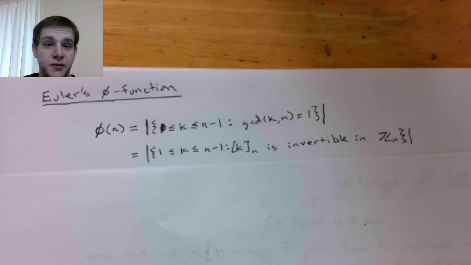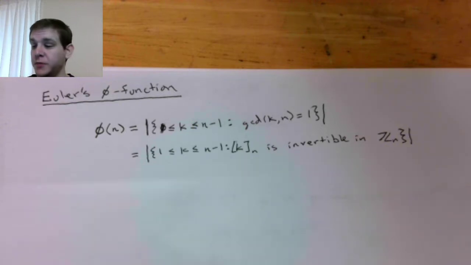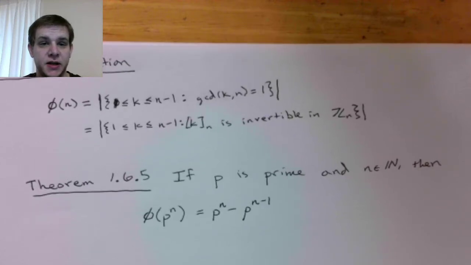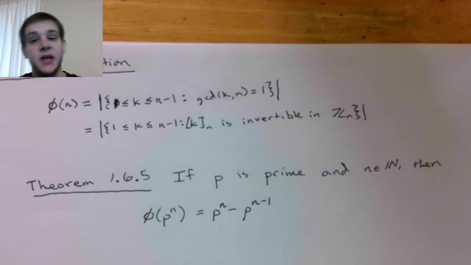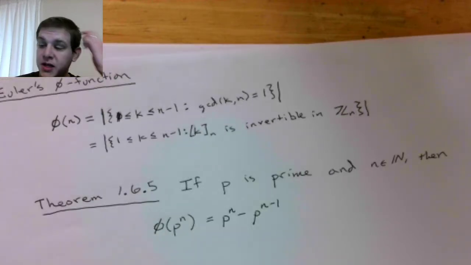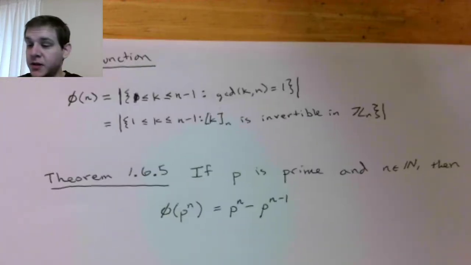So this number will be very important. And so the first few theorems today we prove will be about counting this number. So let's get started. What's our first theorem? Our first theorem says that if p itself is prime, and you take any natural number n, then phi of that power of p, phi of p to the n, is p to the n minus p to the n minus 1.